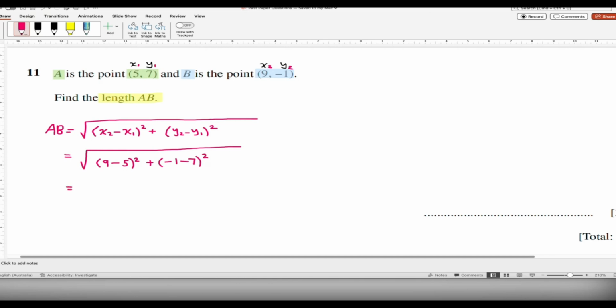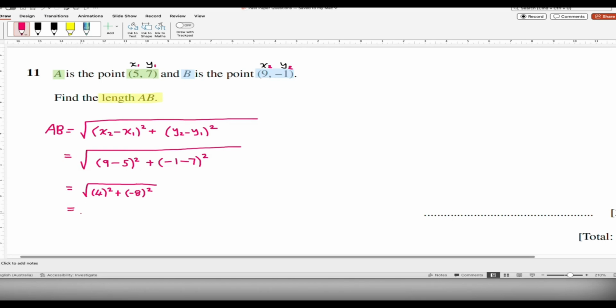All right, so 9 minus 5 is equal to 4. So we are busy simplifying. And -1 minus 7 is equal to -8. So this has to be a plus, and I have to find the square of -8.